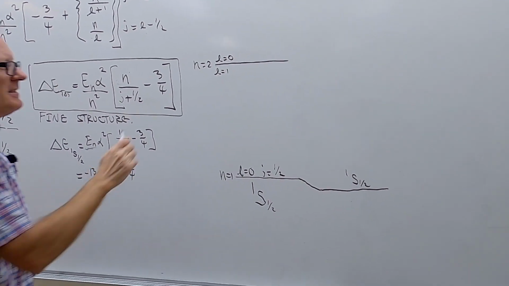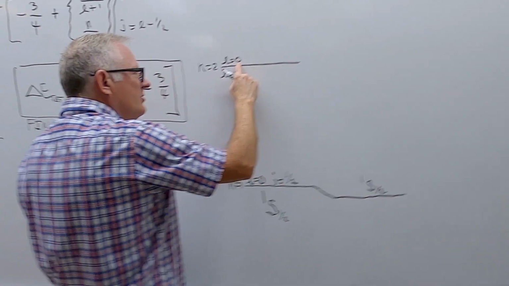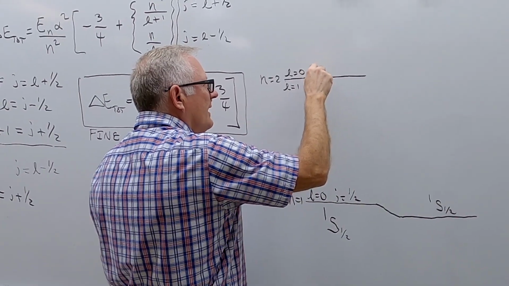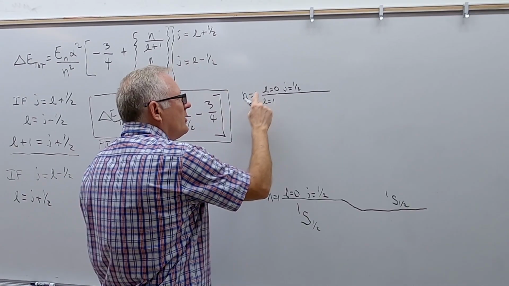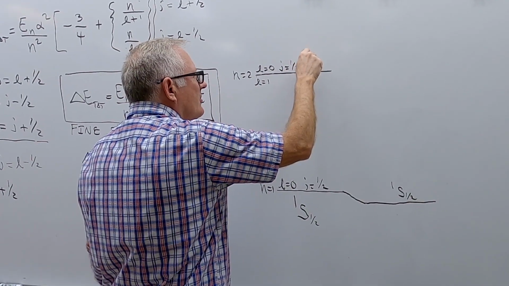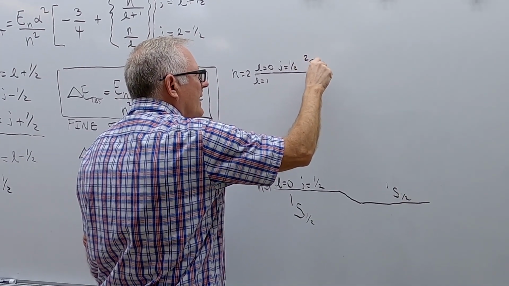If L is 0, then J is a half. J equals 1/2, and we would call this the 2s 1/2 state.